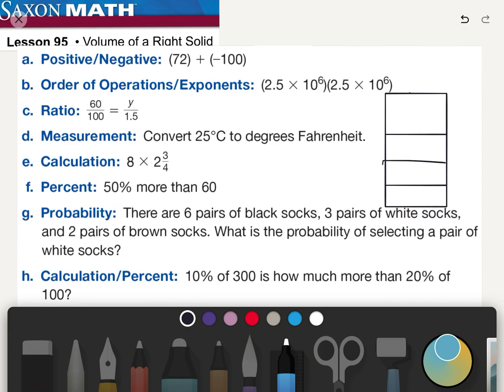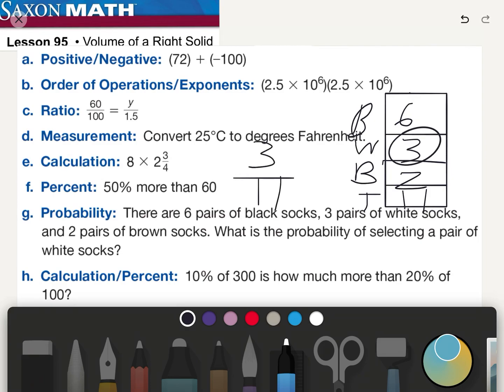Okay, so there are 6 pairs of black socks, 3 pairs of white socks, 2 pairs of brown socks. So we have a total of 11 socks. What is the probability of selecting a pair of white socks? Is 3 in 11.